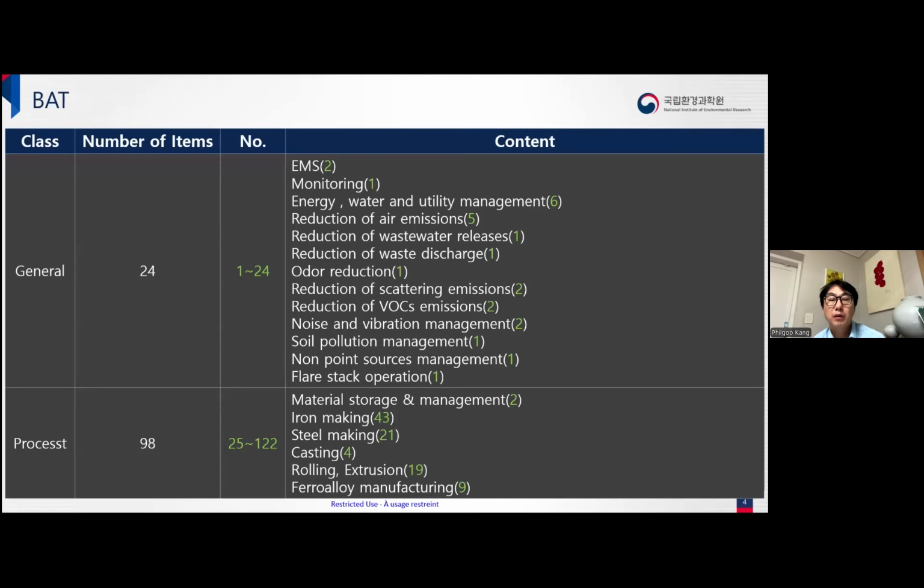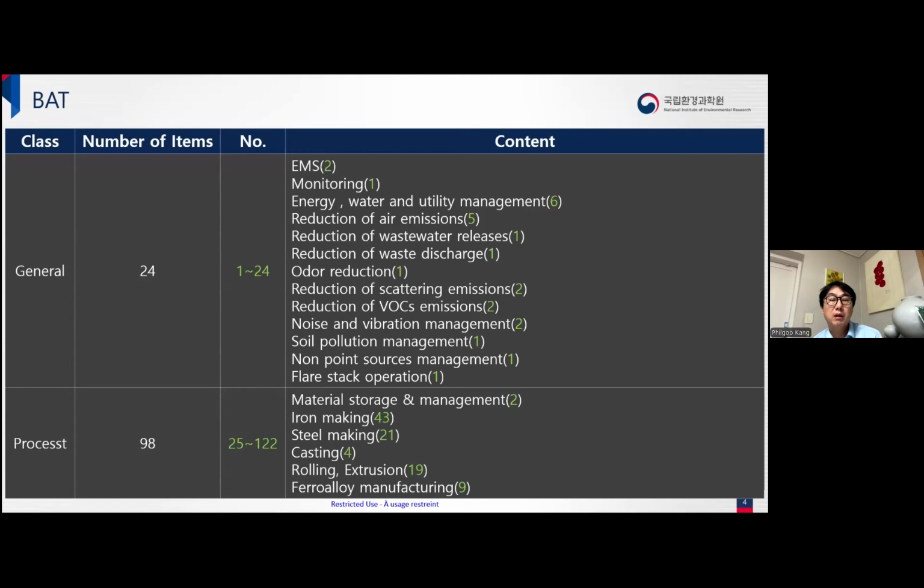The total number of BATs in the K-BREF is 122. As you can see, the 24 general BATs include EMS, the environmental monitoring system, and monitoring of energy, water, and utility management, and environmental management techniques for each material.